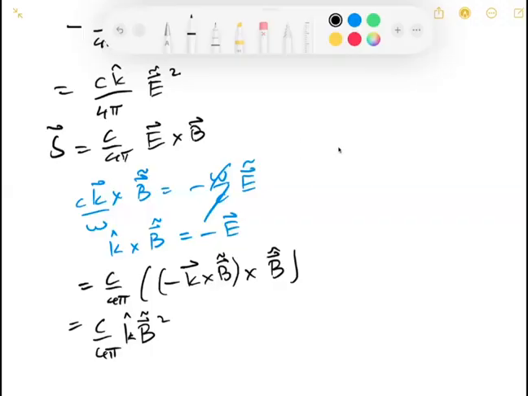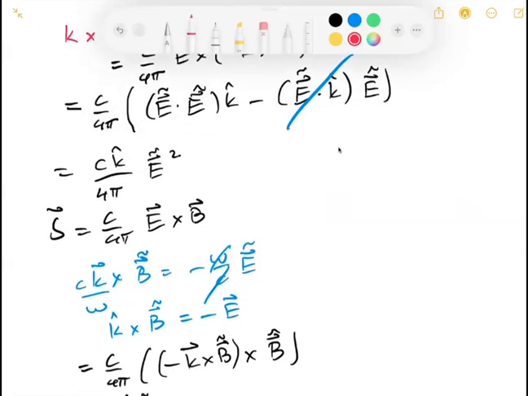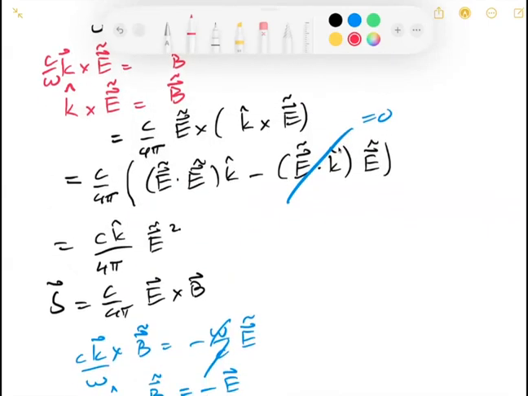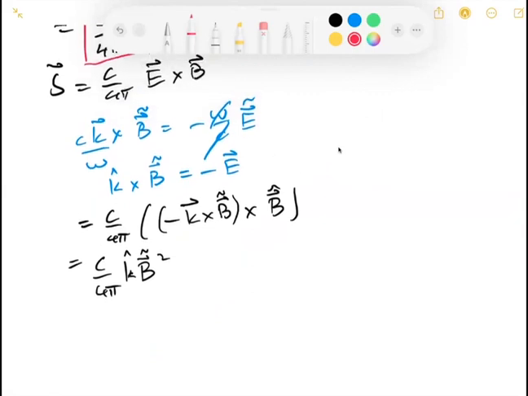Now, check this out. We now have two expressions for the Poynting vector. We have this red expression that came from substituting B and getting an expression for E only. And let's be consistent, let's make this blue. We have this expression, which is the result of the blue substitution.